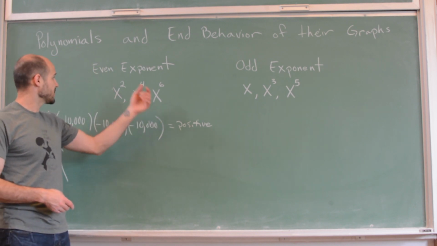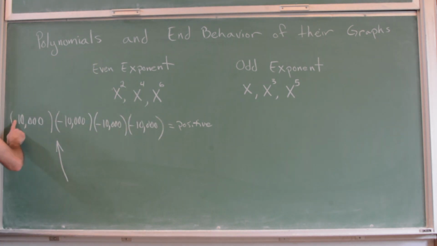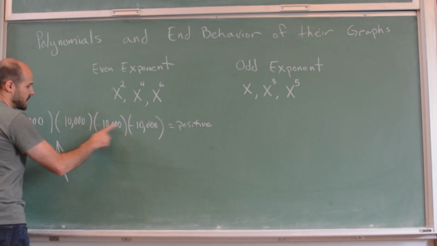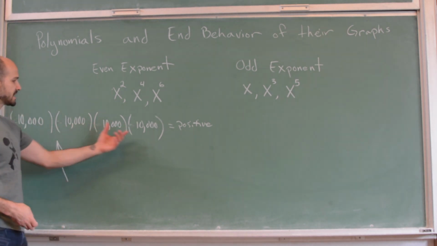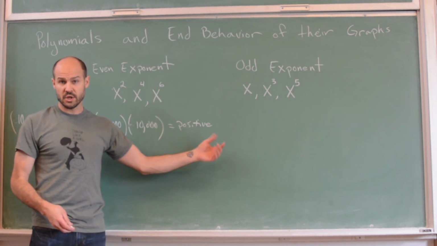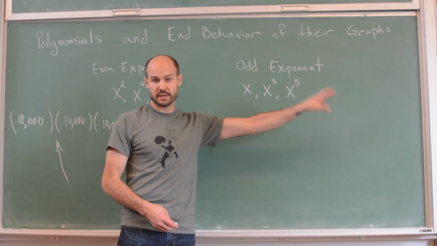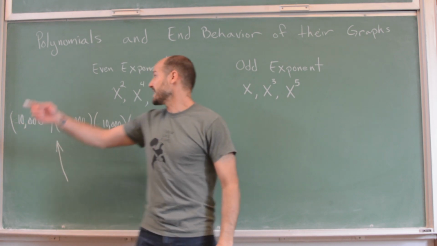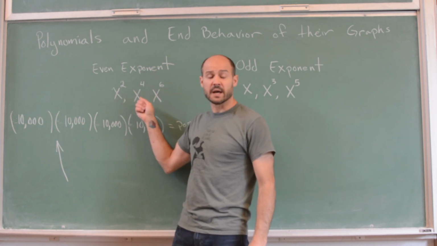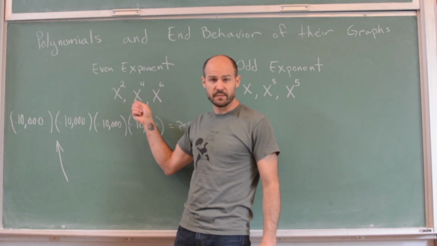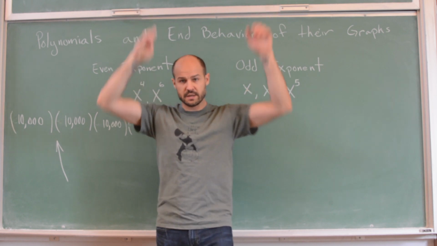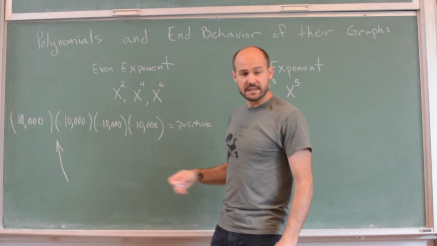Notice what happens if we put in a positive value. Same thing. Positive times positive times positive times positive is positive. So if we're plugging in values all the way to the right at 10,000 or larger in the positive into an even exponent leading term, the value is going to increase and stay positive.